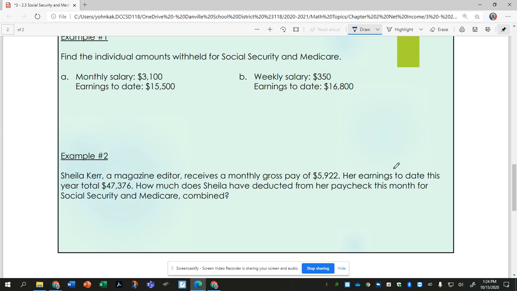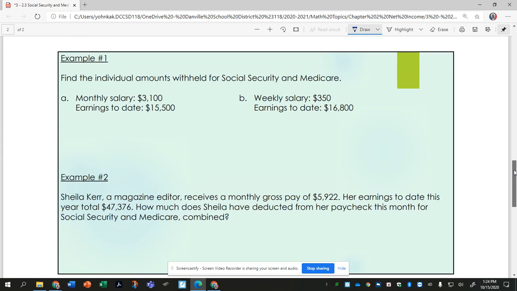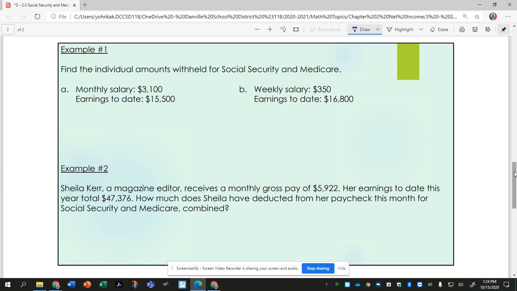Here are some examples. Example number 1, find the individual amounts withheld for Social Security and Medicare. Letter A, your monthly salary is $3,100. Your earnings to date are $15,500. Social Security is 6.2% of your gross pay.